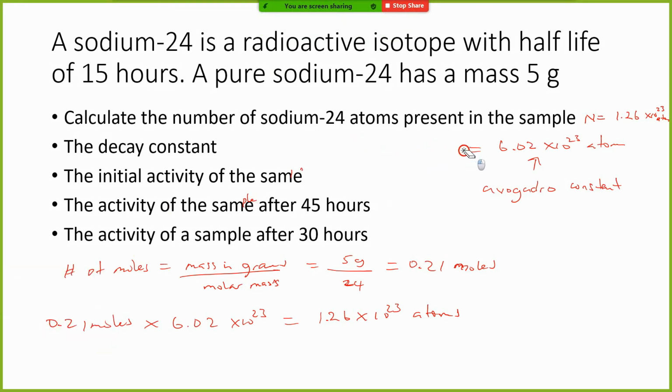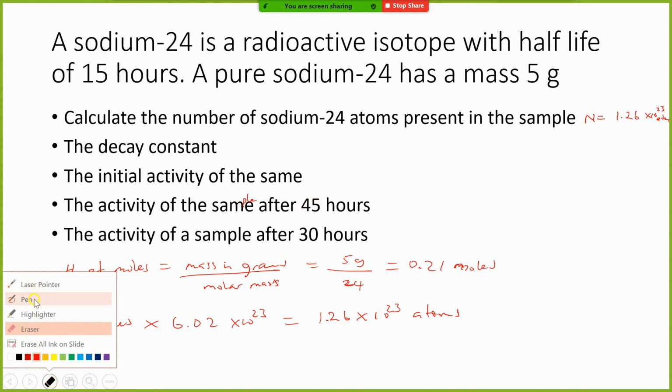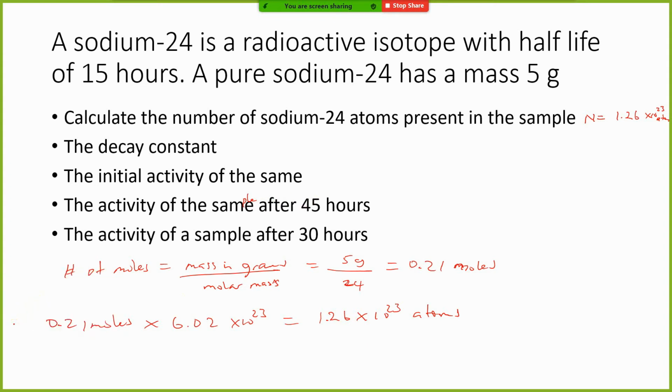Okay, now. So the next part of the question is asking us to find the decay constant, right? Now, how are we going to find the decay constant, guys? Let me hear what you have to say about that. Anybody?